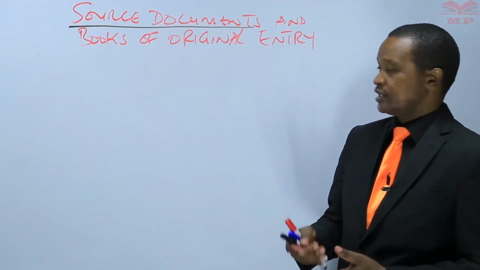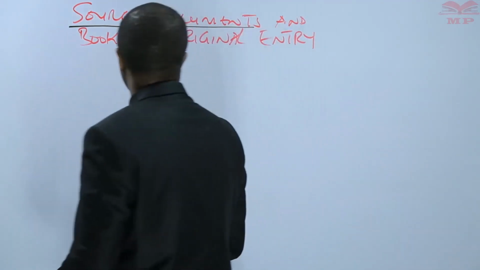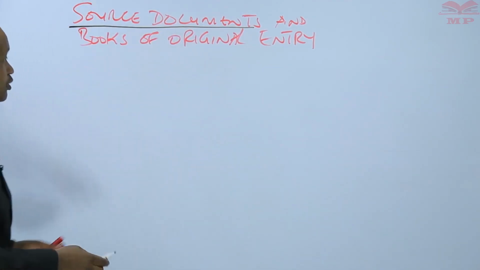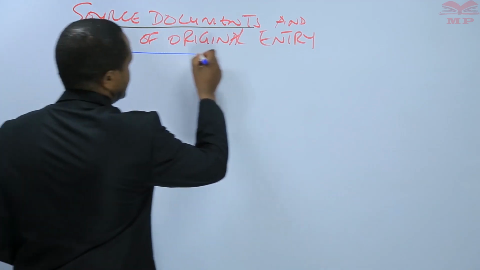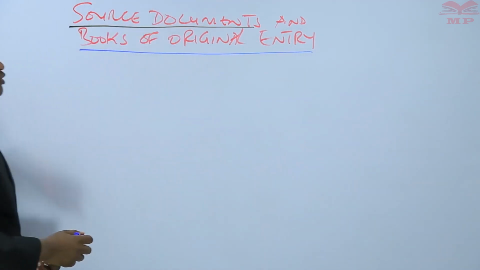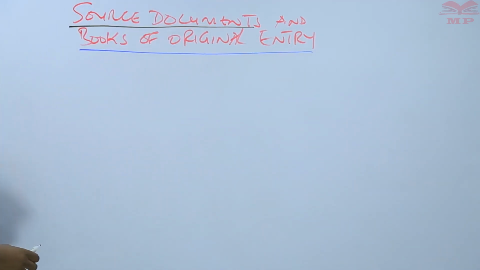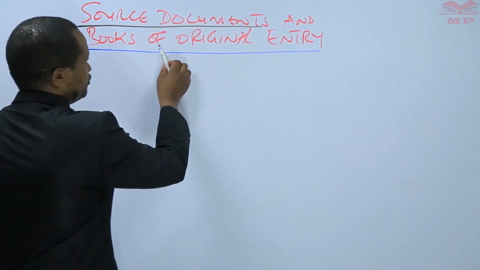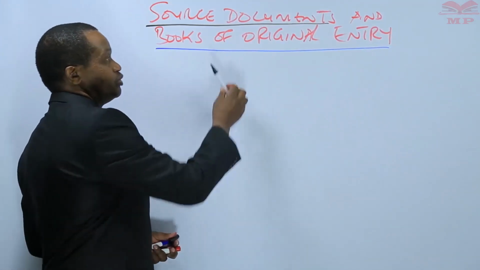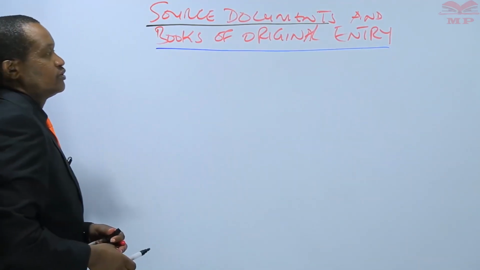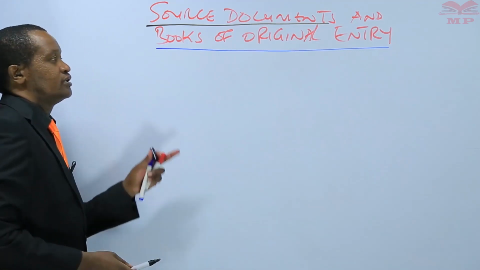So learners, we discussed in detail source documents. Today we want to continue the same subtopic, but we are going to look at the books of original entry. So what are these books of original entry?